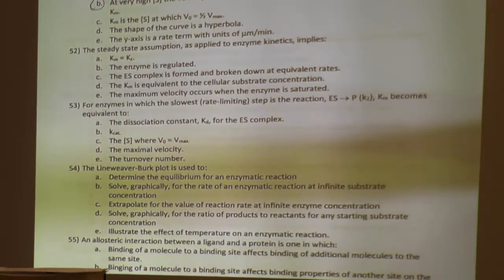The steady state assumption as applied to enzyme kinetics implies what? If it's steady state, what does it mean? See, I'm getting some more C's. It is C. The enzyme substrate complex is formed and broken down at equivalent rates.